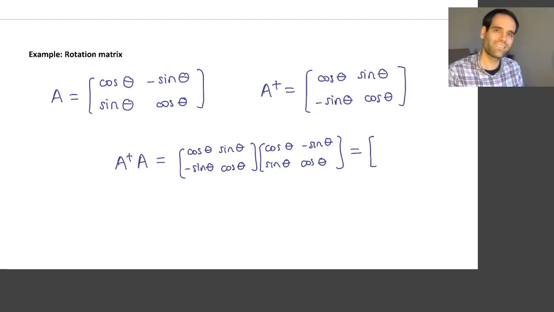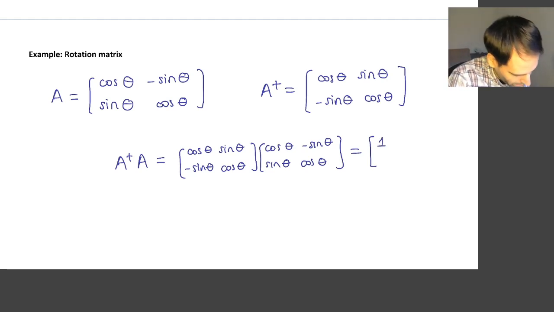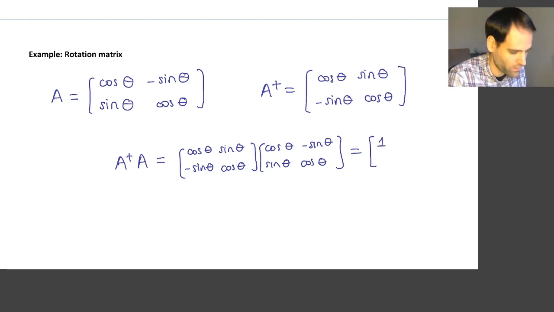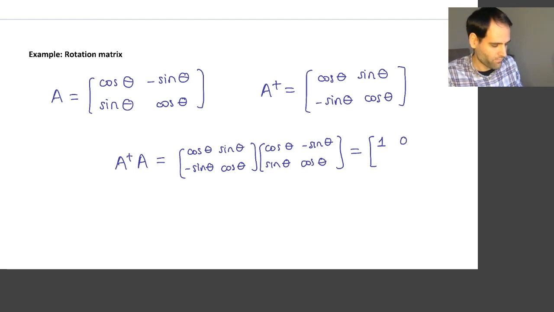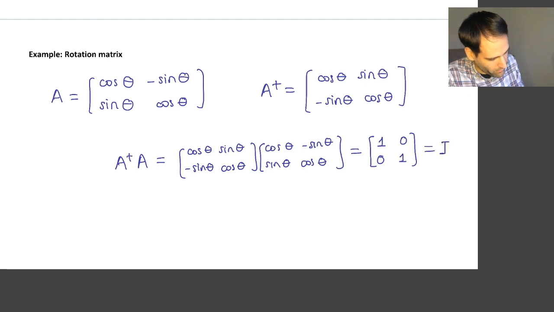That's cosine squared plus sine squared, which is 1. The next element is cosine times minus sine plus sine times cosine. That's 0. This third element would also be 0. And the fourth element would be cosine squared plus sine squared again, which would be 1. And this is the identity matrix.